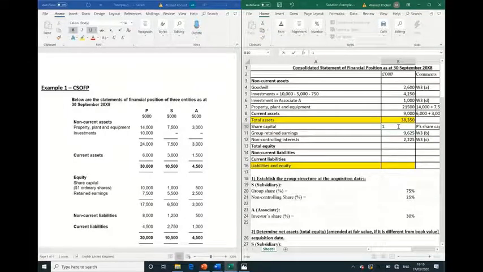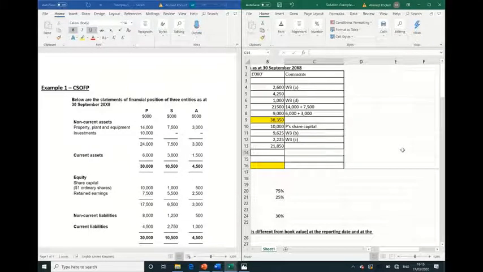So we have the share capital for the parent company as 10,000, and then we get the total equity, which is the sum of share capital plus group retained earning plus the non-controlling interest. And then we have non-current liability. For non-current liability, this is also applicable to only the parent and the subsidiary. So 8,000 plus 1,250.